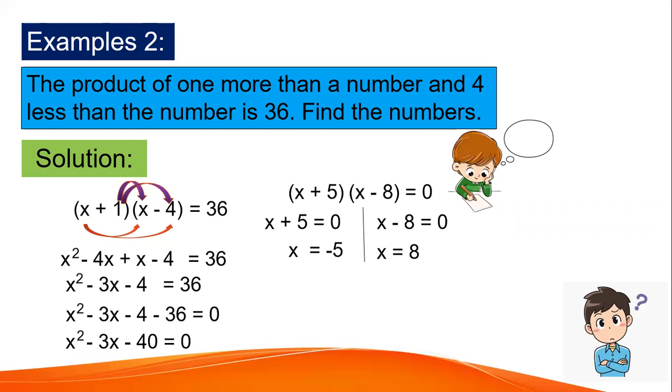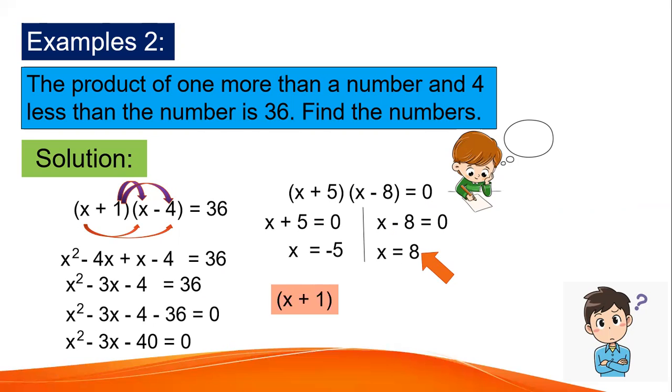And then x equals 8, because transpose negative 8, then it will become positive. And then this one is positive, then change to negative 5. And therefore, using positive, we have x equals 8, not the negative number.